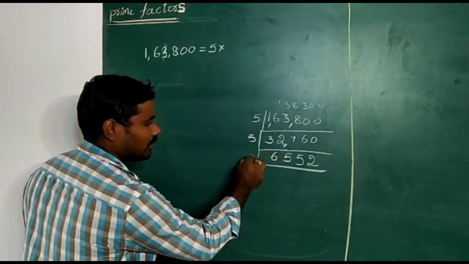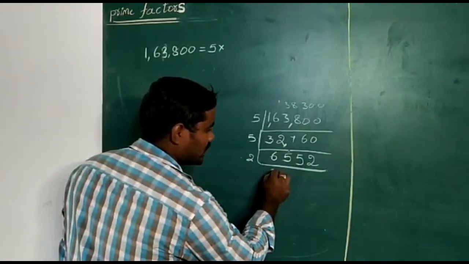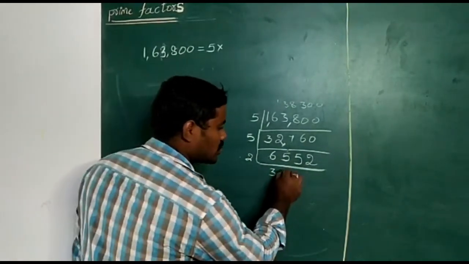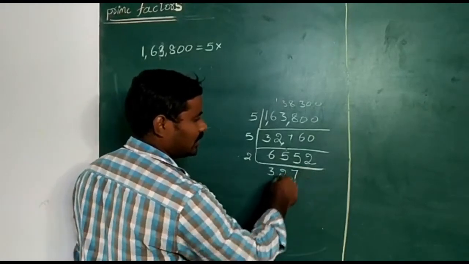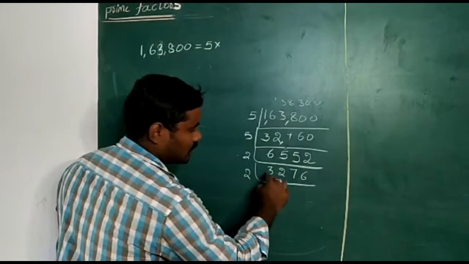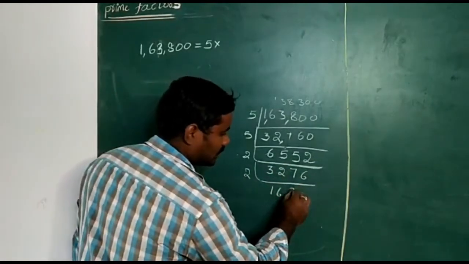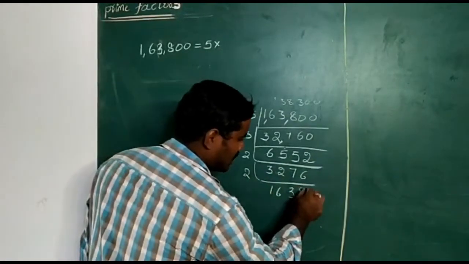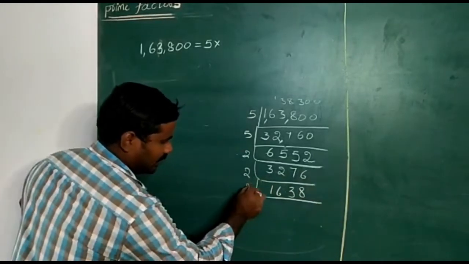Now you can take the two table: 2 threes are 6, 2 twos are 4, 2 sevens are 14, 2 sixes are 12. Again the two table: 16 twos are 32, 3 twos are 6, 8 twos are 16. Again the two table.